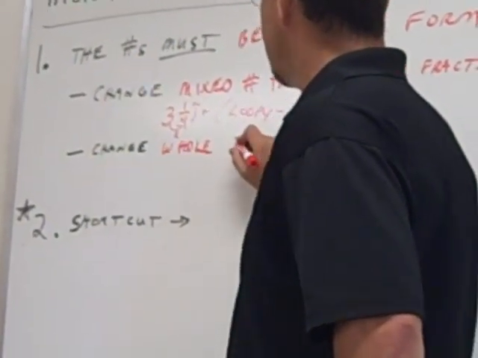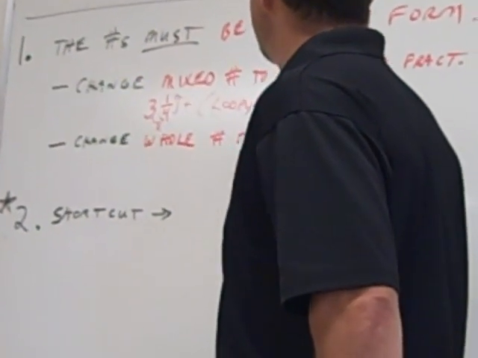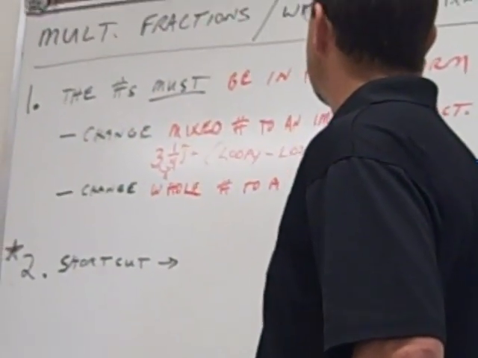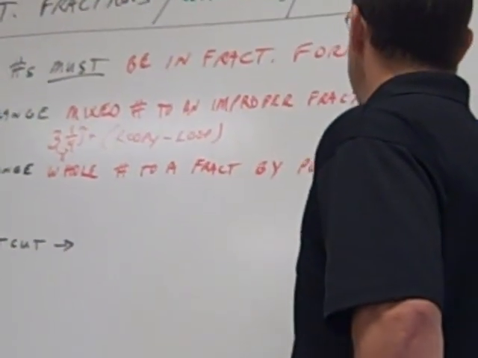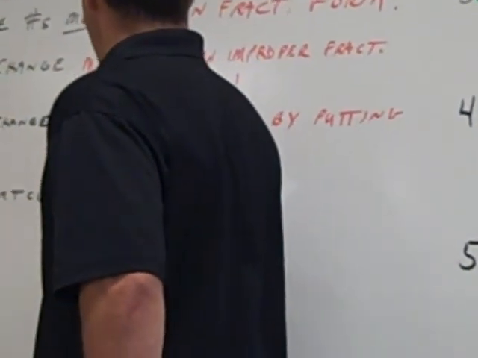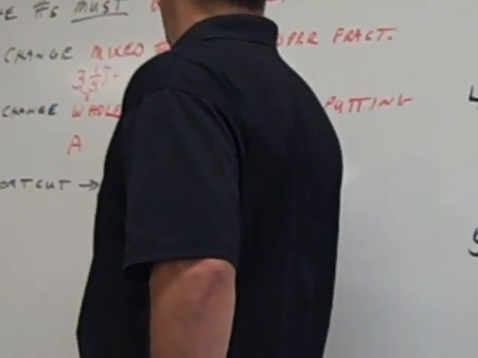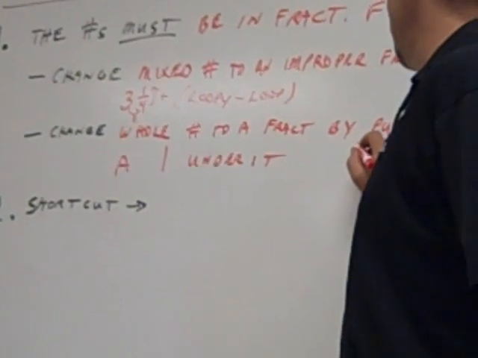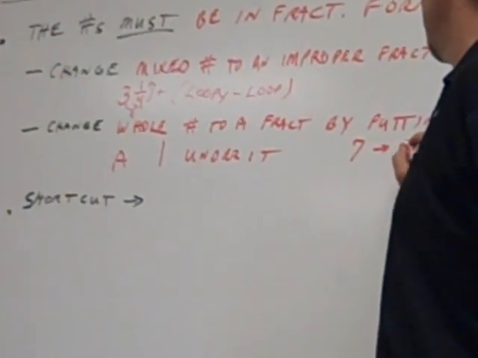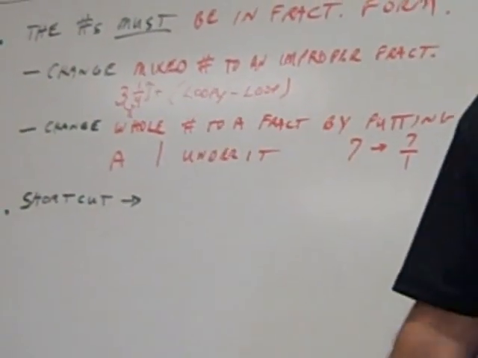Change a whole number to a fraction by putting a 1 under it. Whole number 7 as a fraction is 7 over 1.